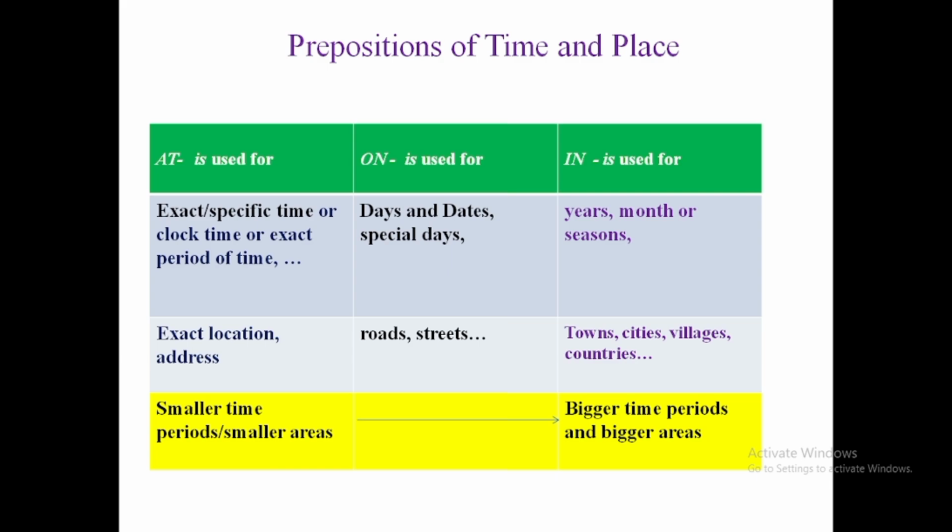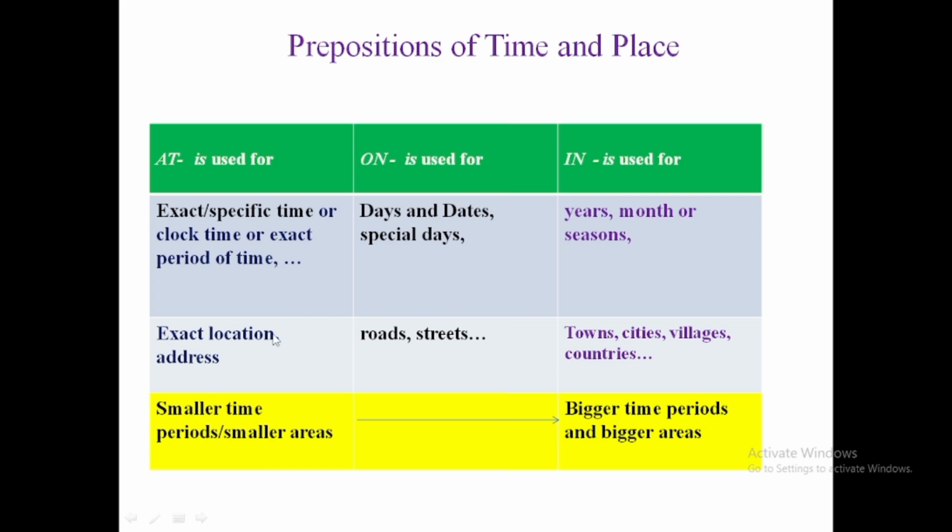So in general, as we go from at to in, from the smaller time periods or smaller areas through on, it goes to the bigger time periods and bigger areas in. Here, for instance, the exact location or the exact address is a bit smaller than the roads and the streets, which is smaller than towns, cities, villages, and the countries.